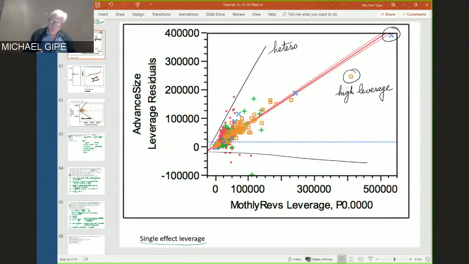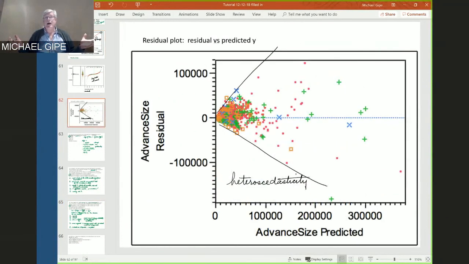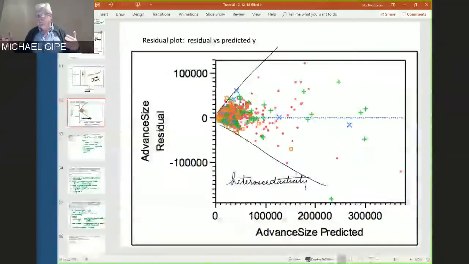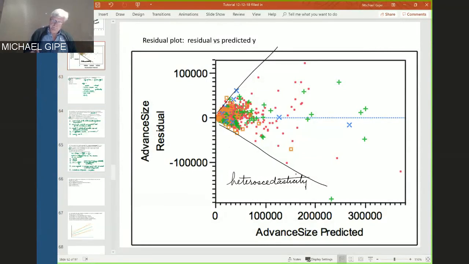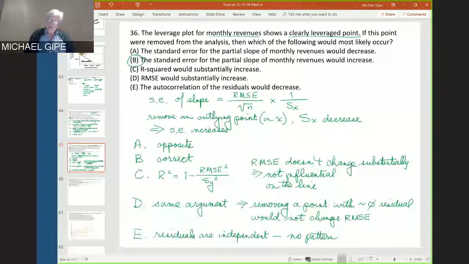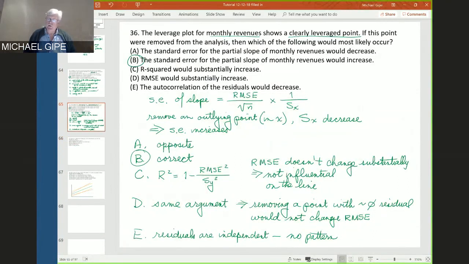Look at those residuals. I don't see a pattern other than, of course, heteroscedasticity, but that's not a sign of autocorrelation. So B is the correct answer. The standard error for the slope of monthly revenues would increase.